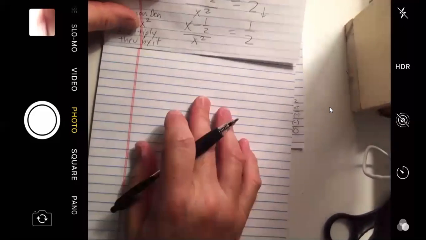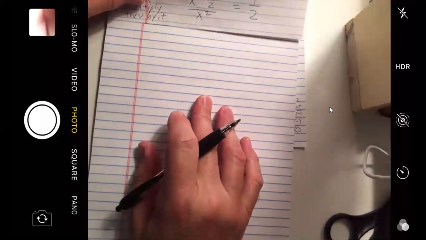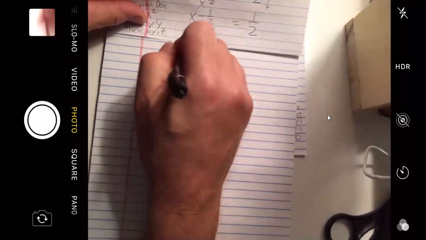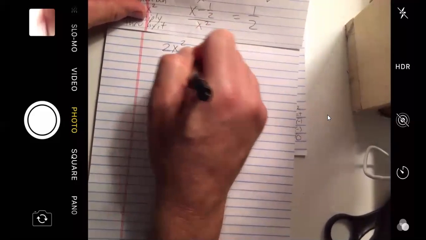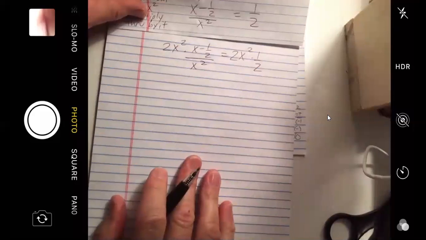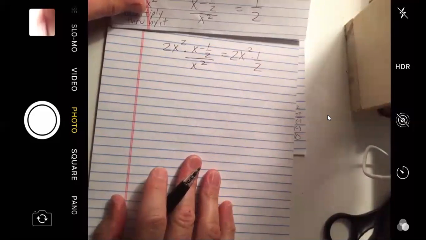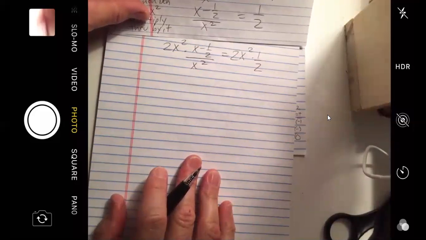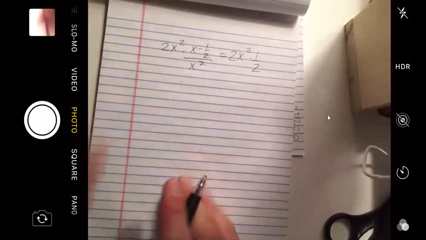So that gives me 2x squared times (x minus a half) over x squared equals 2x squared times 1/2, multiplying both sides by 2x squared.